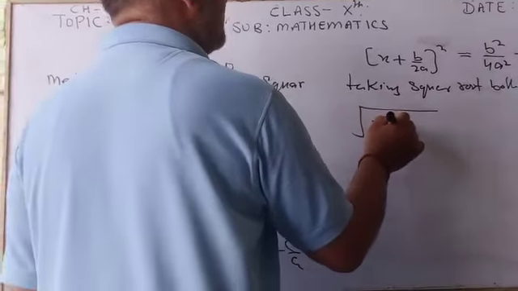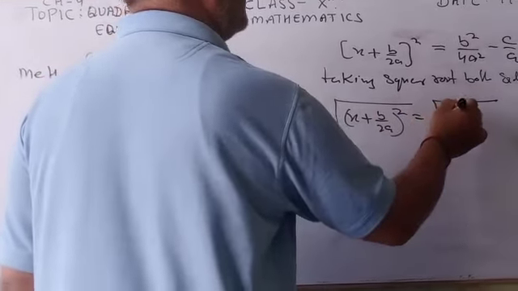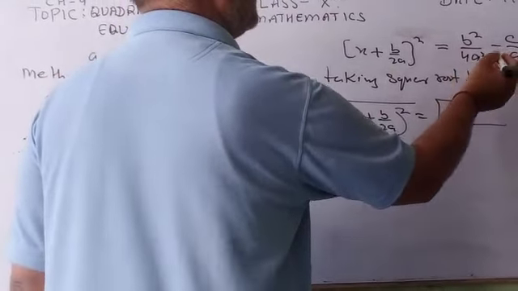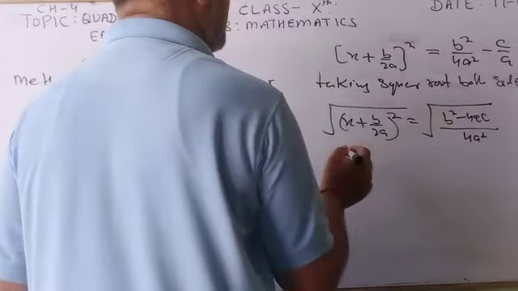So the square root of x plus b upon 2a whole square, and on the right taking the LCM of 4a square and a, that is b square minus 4ac upon 4a square.